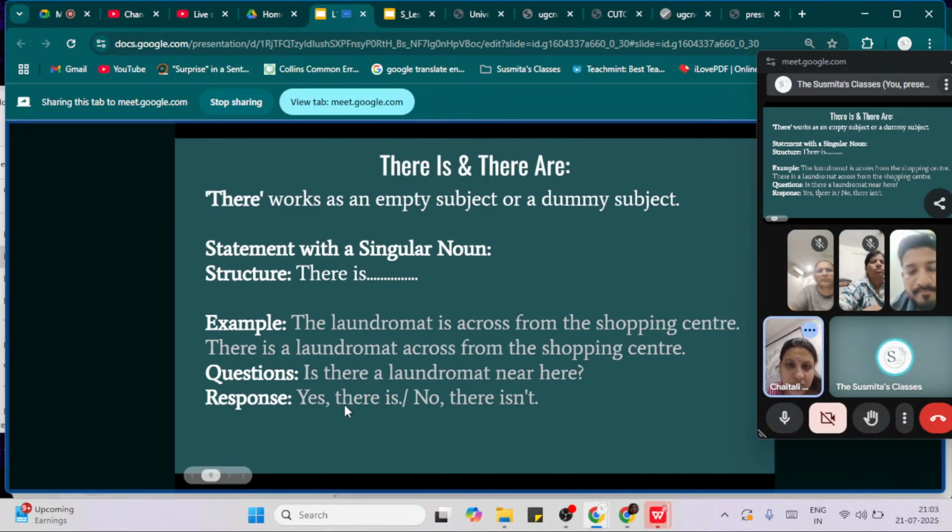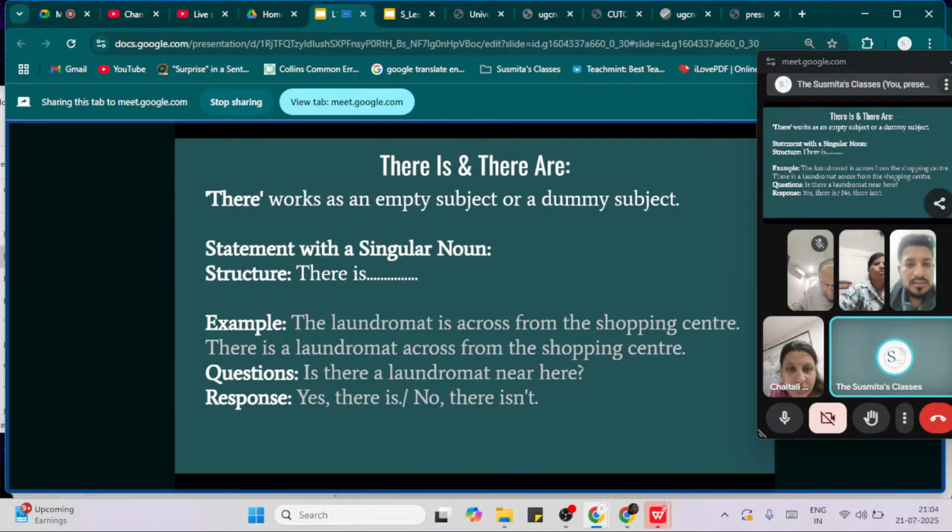Now, you might remember in the first unit we had looked at the sentence structures that we use. Correct? What is the sentence structure that we use in English? Subject plus verb plus object. Very good. Now, when I say there is one across from the shopping center, what word is the subject in this?